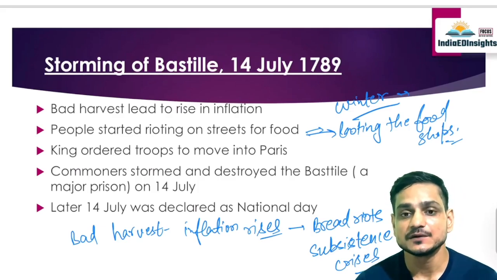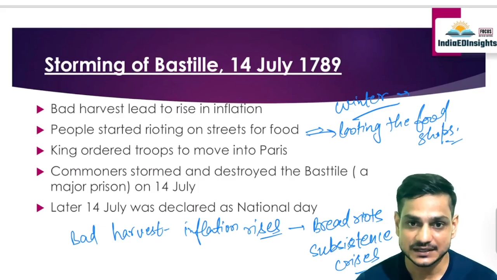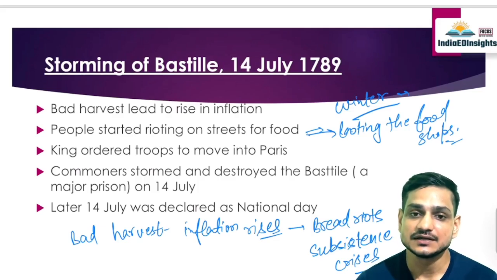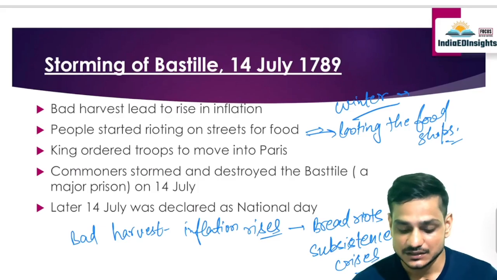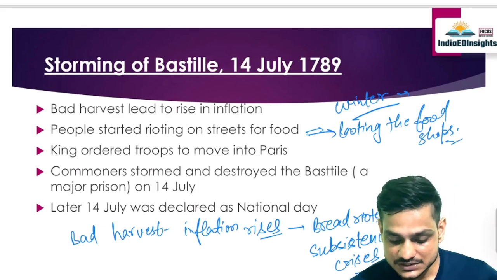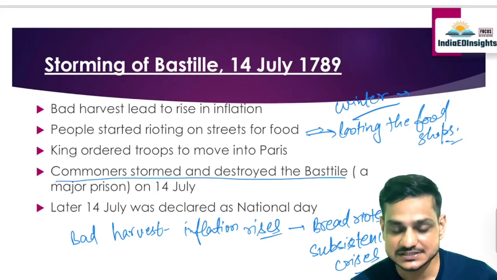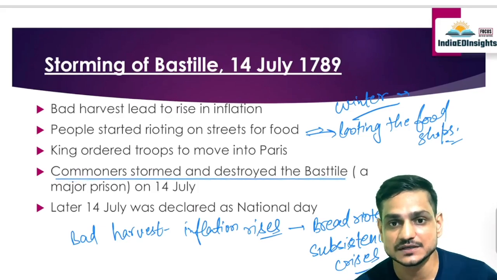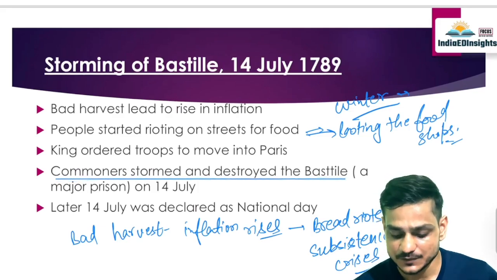So when the people found out that troops are moving into Paris, the commoners stormed and destroyed the Bastille prison, because the Bastille prison was seen as the symbol of royalty.